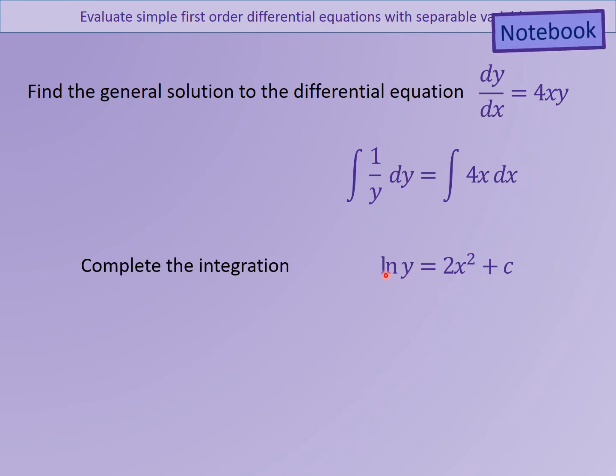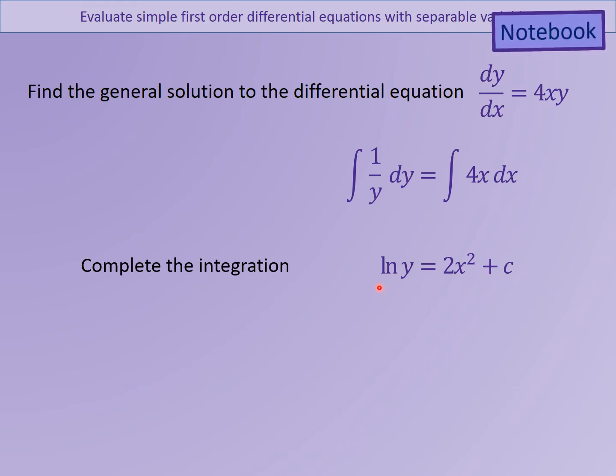So an example could be ln y plus 3 equals 2x squared plus 5, but if I take that 3 over this side, I end up with plus 2, and that's still a constant. It's still a number. So it's a lot easier not to worry about loads of separate constants floating around. Just put one at the very end of the equation. But it's very important you do not miss it out.